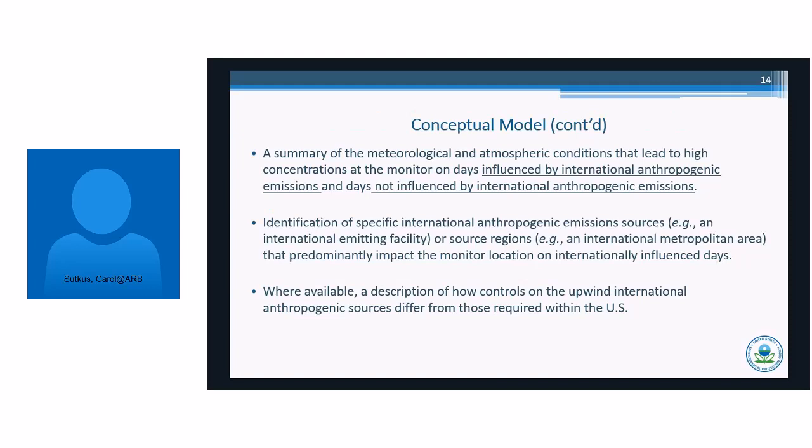Identification of specific international anthropogenic sources, that might be a specific emitting facility, or source regions, which might be a city that is proximate, can be very useful in framing the conceptual model. Where available, a description of how controls on those upwind international sources differ from those within the United States is very useful.